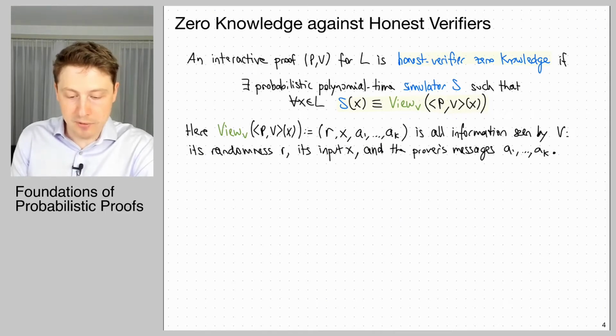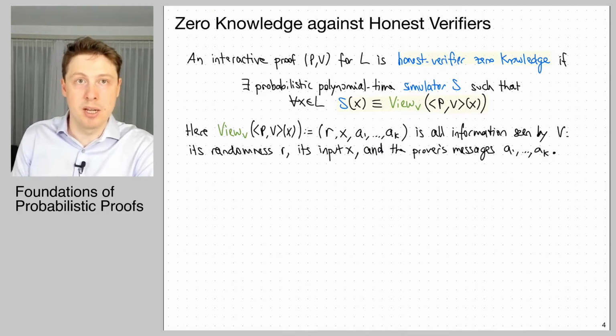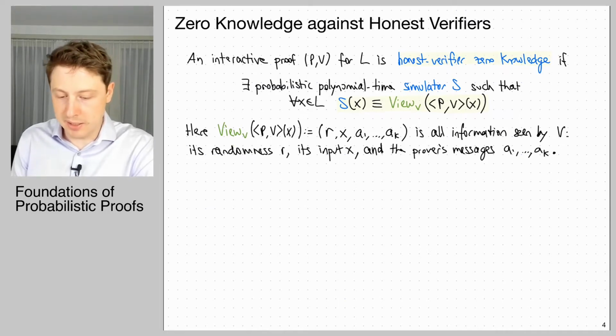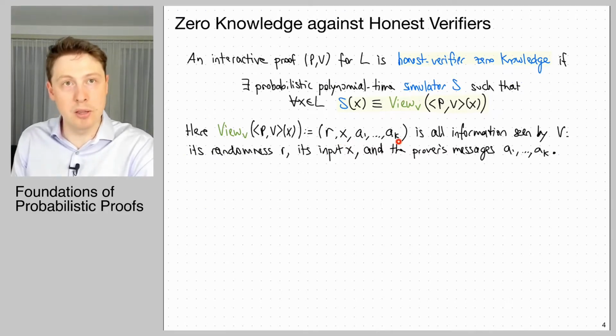So the view is not just some philosophical thing or ill-defined, it is exactly this tuple, okay? The view is a random variable that consists of the uniformly random sampled random tape for the verifier, the specific fixed input, and whatever implied distribution is about A1 through AK, okay?